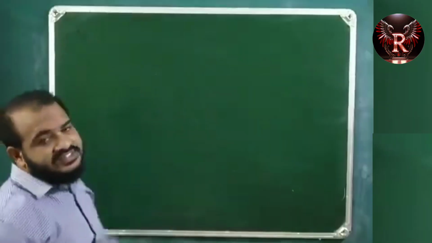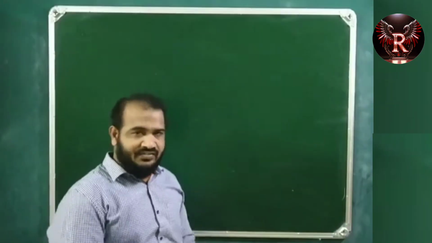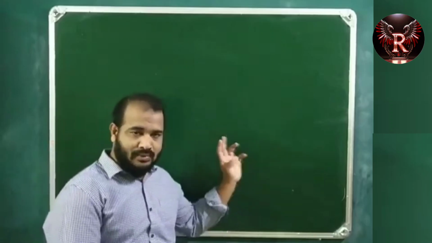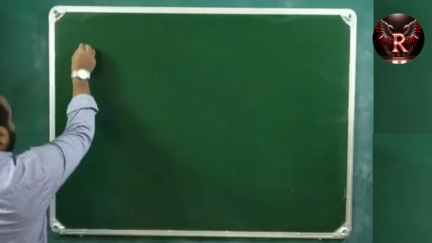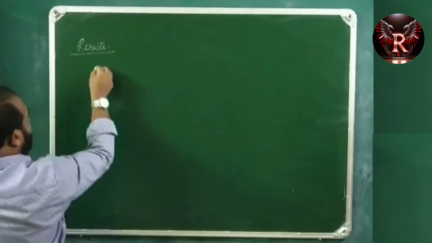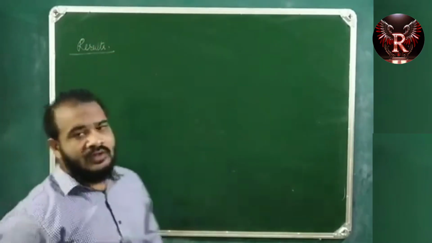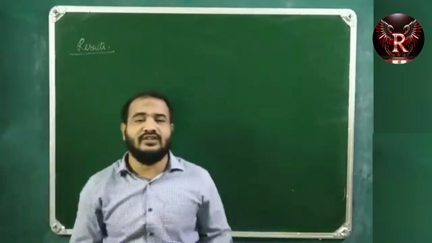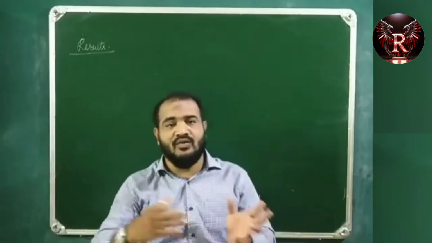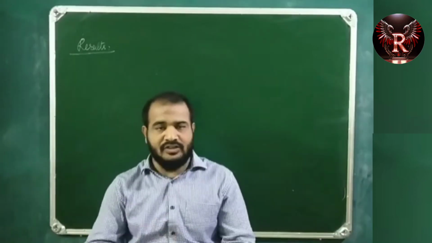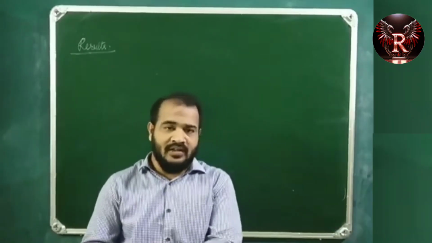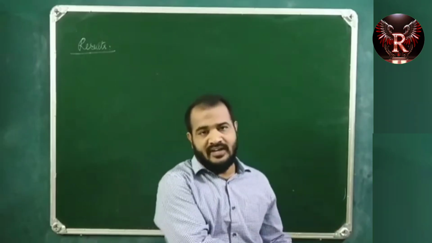Now let us discuss some standard results of the integration by substitution. These results will be useful without actually doing the procedure, like taking something as t, differentiating, and ultimately replacing t with the earlier function.